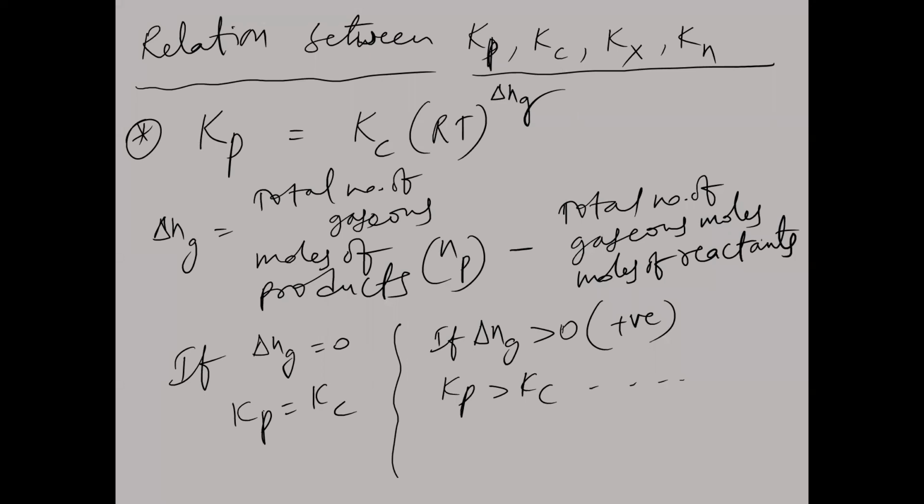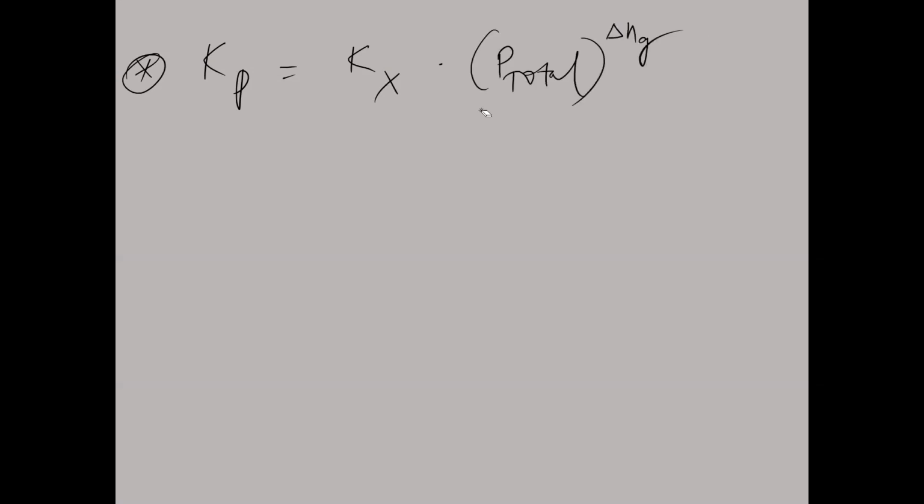Next, relation between Kp and Kx. Kp is equal to Kx into total pressure P to the power of delta Ng. So what is P total here?